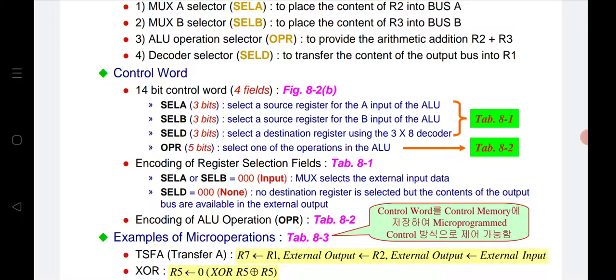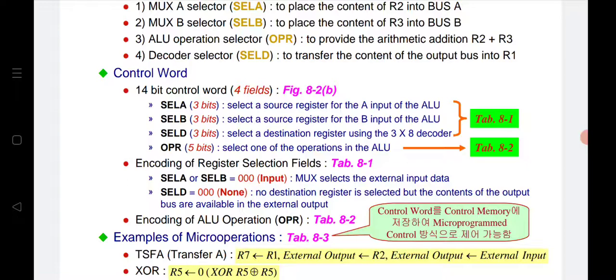Now how are we going to encode these register selection fields? Suppose for A and B, if the value is 0 0 0, then what is my mux going to select? It is going to select my external input data.